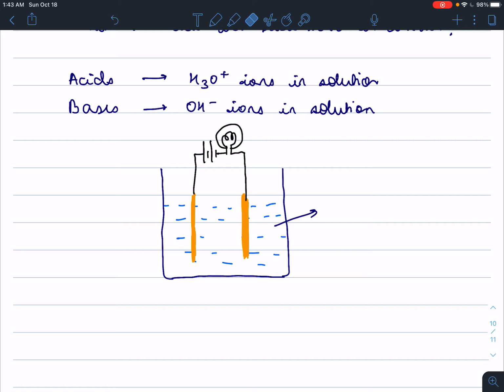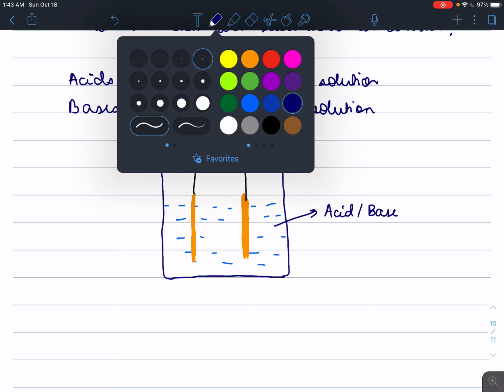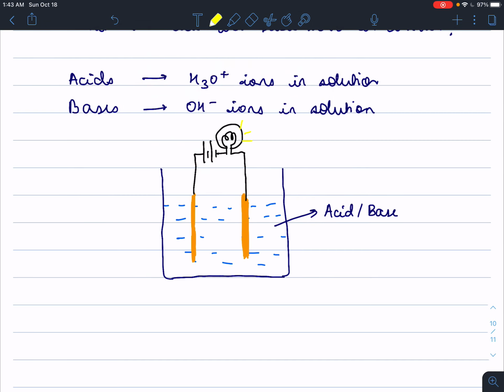But if it is an acid or a base, any acid or base, the bulb will light up. So the bulb glows. That shows that current can pass through the solution. That is because of these ions. Alright? Ions can conduct solution.